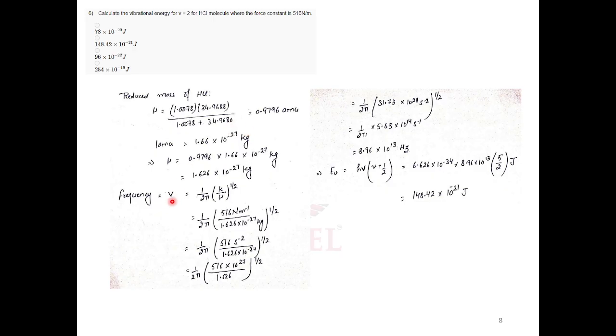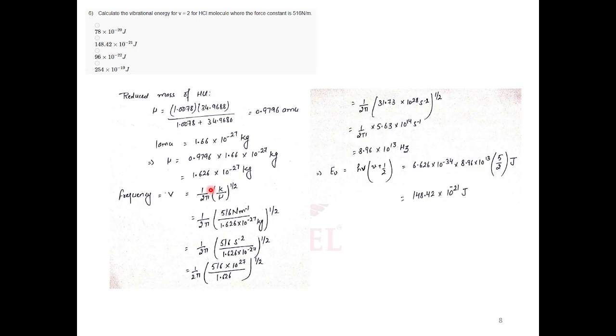And from there, the frequency equals 1 by 2 pi times root over k by mu, so 1 by 2 pi (k by mu) whole to the power half. This is the value for the frequency. Let's calculate with k equal to 516 newton per meter. That is already there.